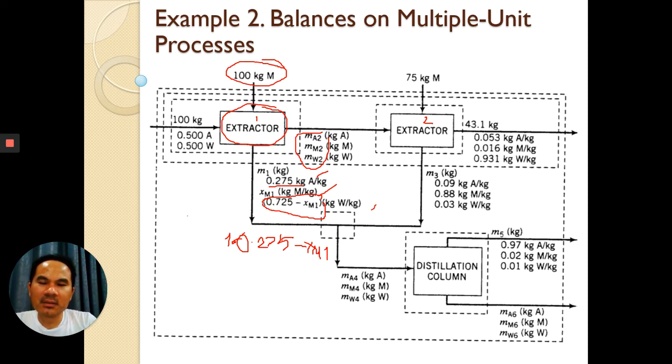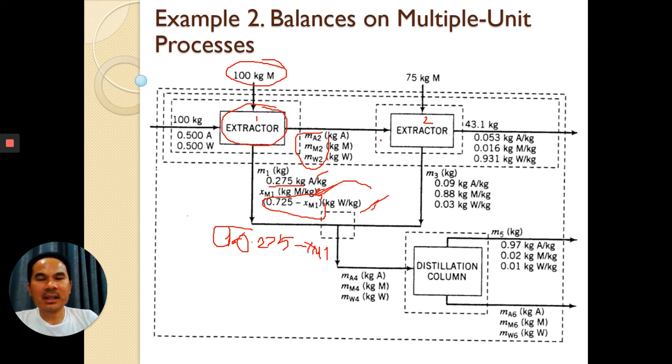For this case, XM1 is the mass fraction of M, and the mass fraction of acetone we know from the problem statement is 0.275. You can calculate the mass fraction of water in terms of XM1, because the total mass fraction is 1.